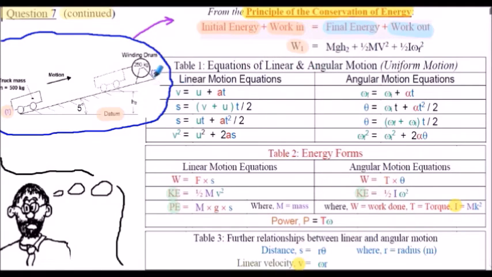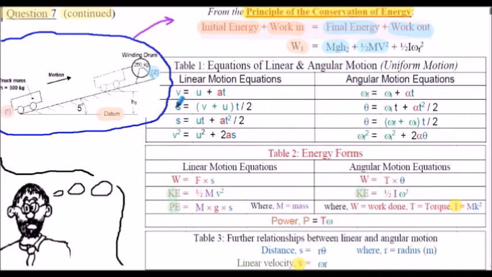Considering position 2, now when the truck is at the top of the incline, it will have potential energy relative to the datum. It's some height h2 above the datum, so we'll have potential energy. We know that the truck has a linear velocity at the top of the incline because we're given that in the question. So we'll have the kinetic energy of linear motion.